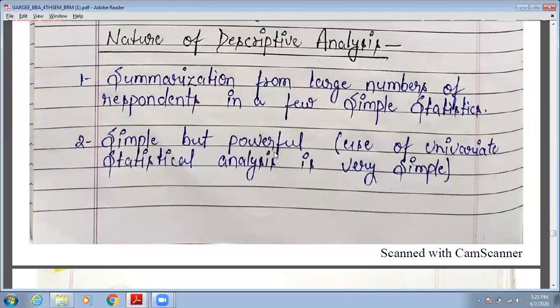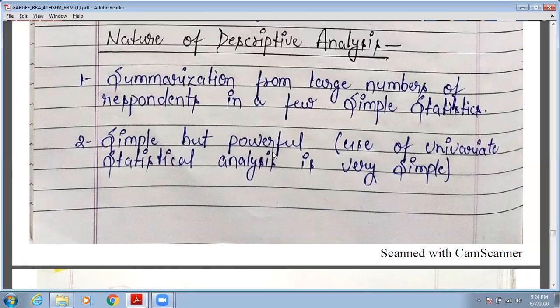We will describe or we will summarize these data in simple form, in numerical form, and in graphical form. Okay, when you describe your data in numerical form and in graphical form, then it is easy to understand. Okay, so you made simple these data which you collected, and although these data are simple, but these are very powerful data which you use in descriptive analysis.